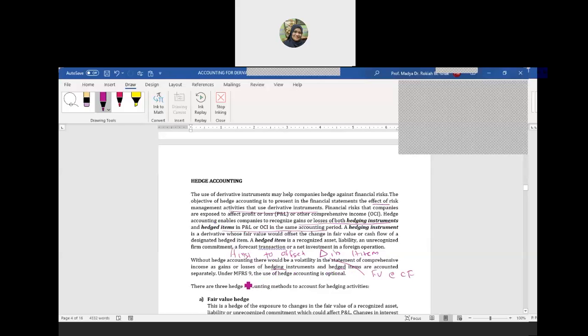But if you use hedge accounting, you can offset the changes in the value of the hedged item using the hedge instrument. The use of hedge accounting here is optional, so it's not necessarily that the company must have it.